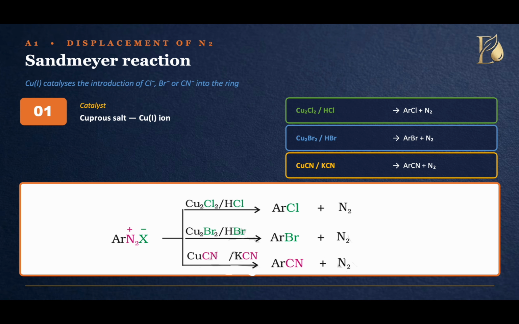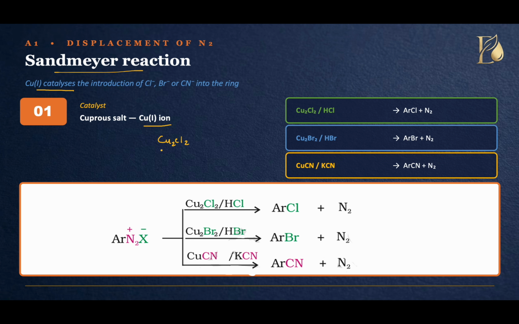Now let's begin with the displacement reactions, starting with the Sandmeyer reaction. This is a very important reaction where a cuprous salt acts as a catalyst to replace the diazonium group with another group such as chloride, bromide, cyanide. You can see here cuprous salt, copper one. For example, Cu2Cl2.